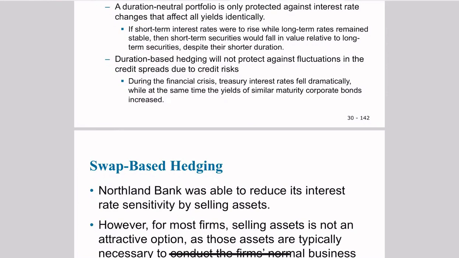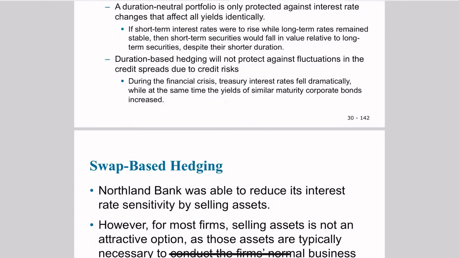And then, because equity can be considered as a portfolio of asset and liability, the firm can adjust the duration of the asset and the duration of the liability to achieve the goal to make the duration of the equity equal to zero. So that's the duration-based hedging.